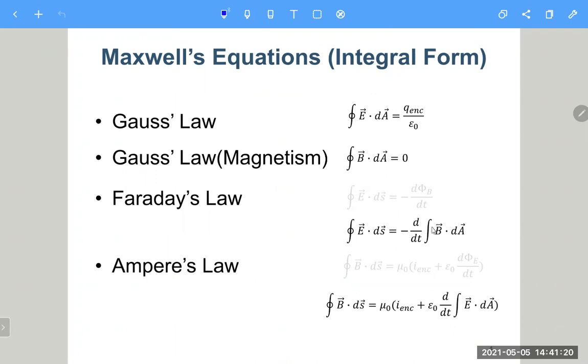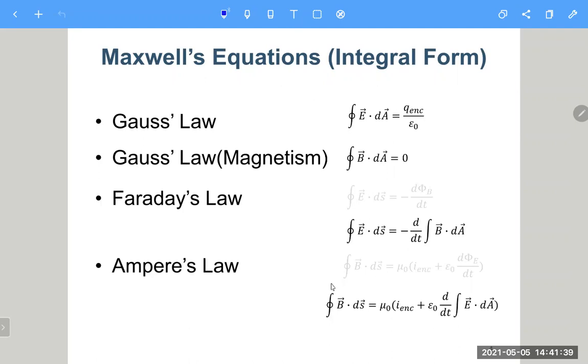We know that these two integrals are not closed surface integrals, so we don't have a circle here. But for these four, these are for the Gaussian surface, which is a closed surface, so we have a circle here to represent the closed surface integral.